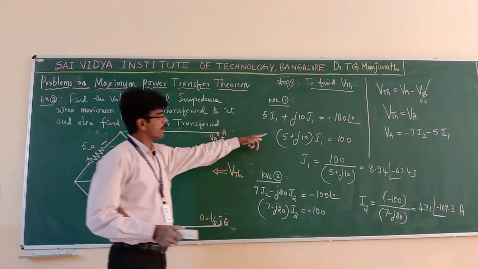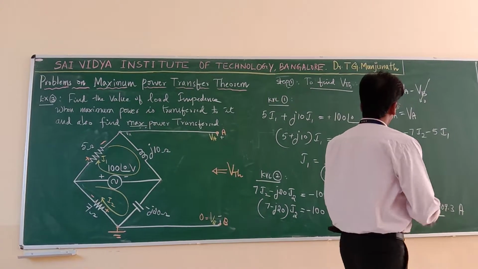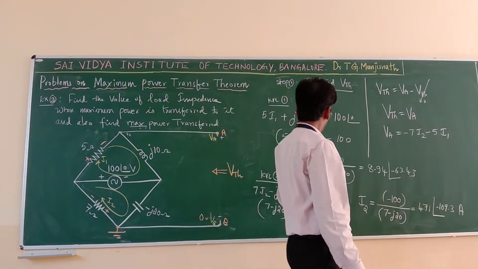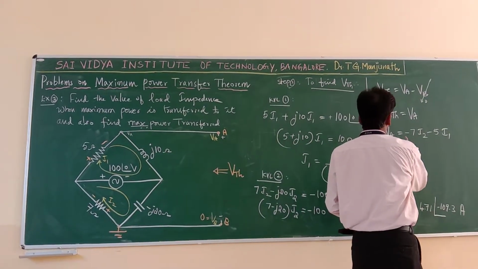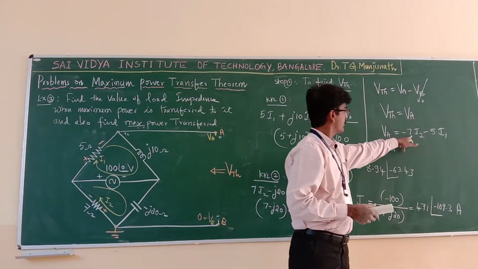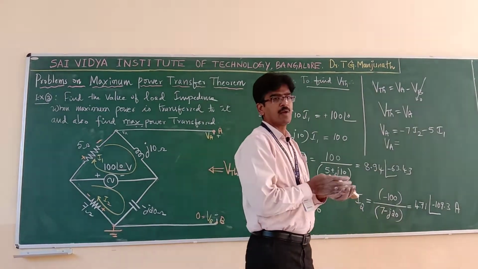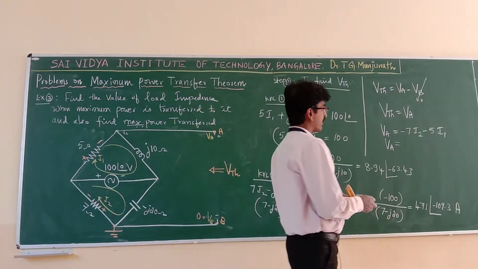You know the value of I1 and I2, substitute here. Please substitute first the I1 value here and the I2 value here and get the value of VA by entering in the calculator. So, what is the value you are going to get?